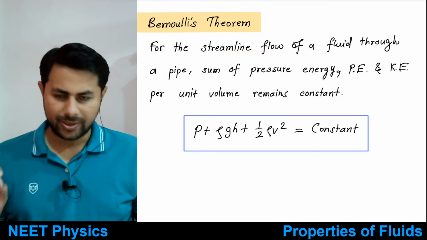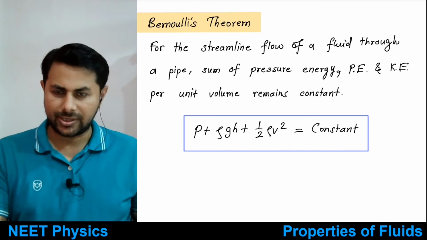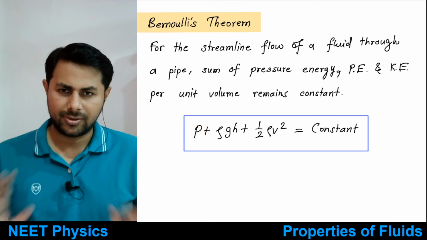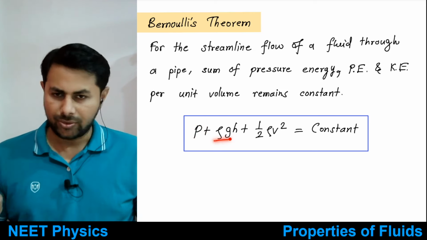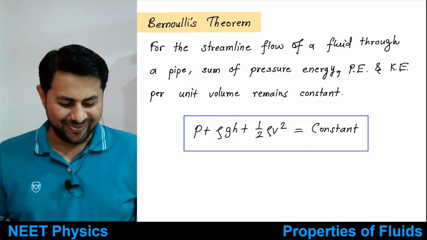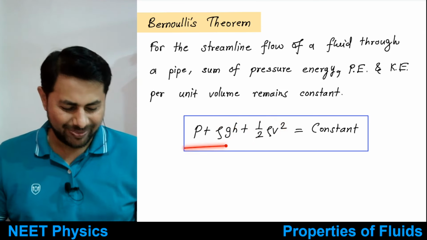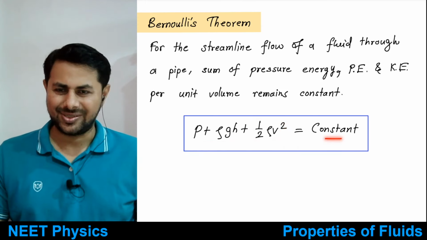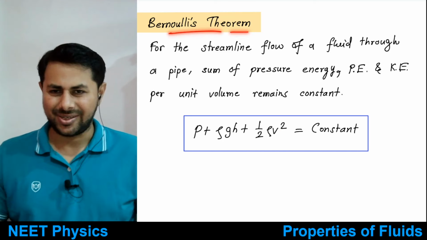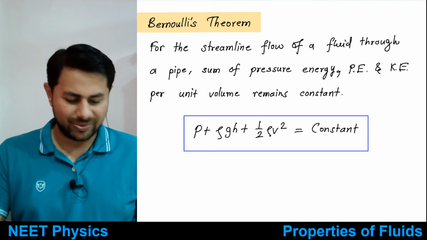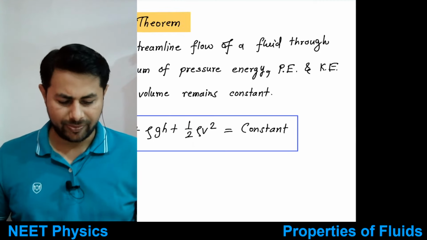We'll see how it comes, but we need to remember this formula: pressure, plus rho gh, which is potential energy per unit volume, plus half of rho times v square, which is kinetic energy per unit volume. The sum of these is constant. This is Bernoulli's theorem: pressure plus rho gh plus half rho v square is equal to constant for a fluid.